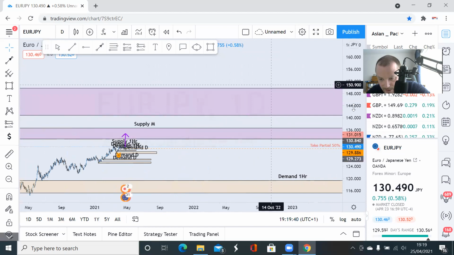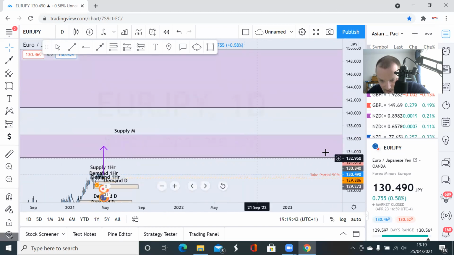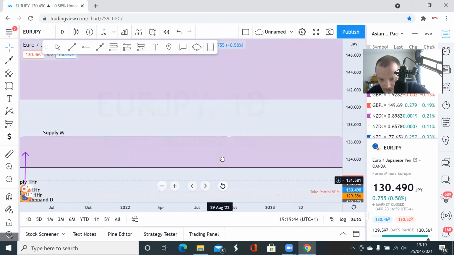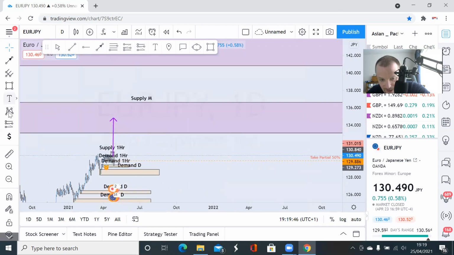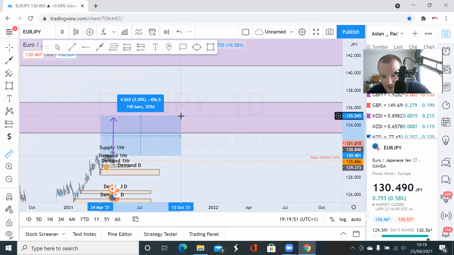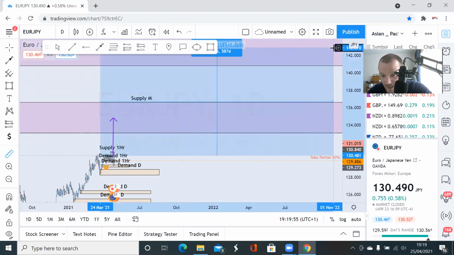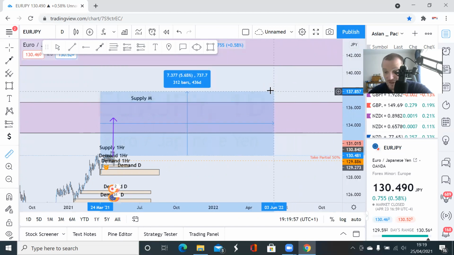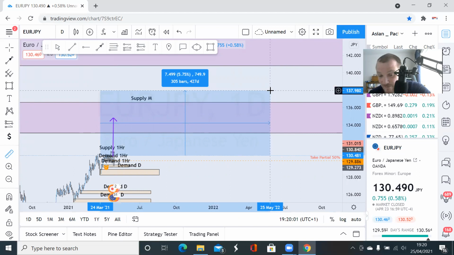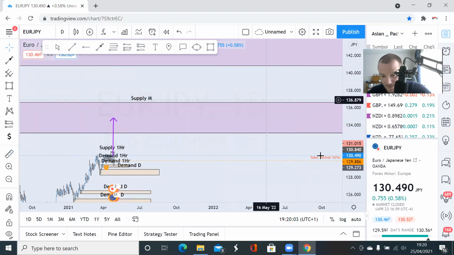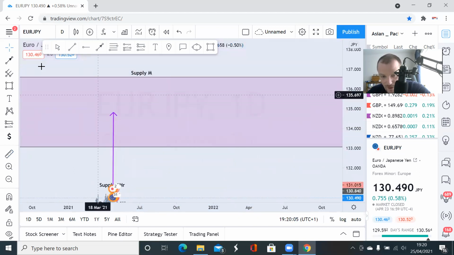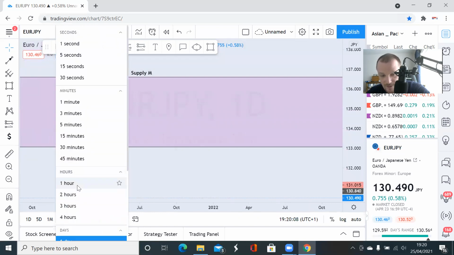Now you're talking measurement-wise, there's 430 odd pips just to go into mitigation of that supply monthly. And just on that, you're talking well over 1,000. So to get any movement into that is really, really far in the future. Okay. We are concentrating on a smaller sort of entity.